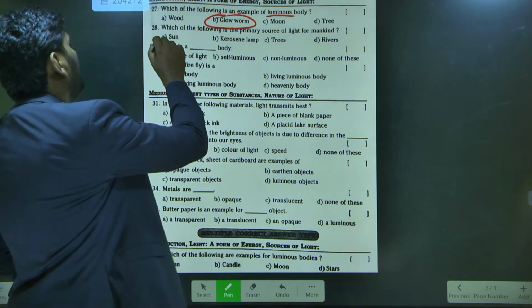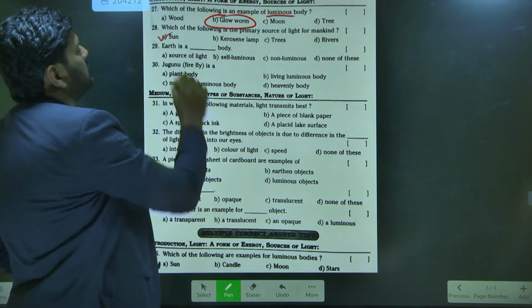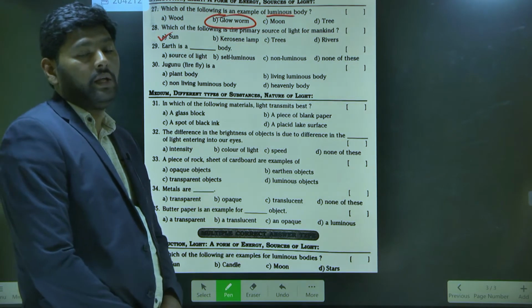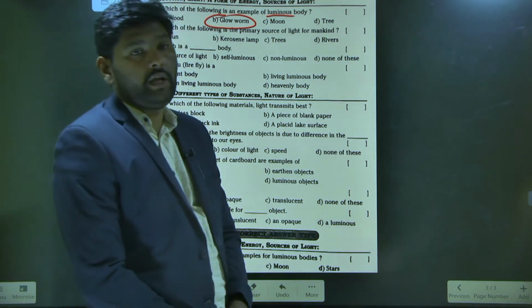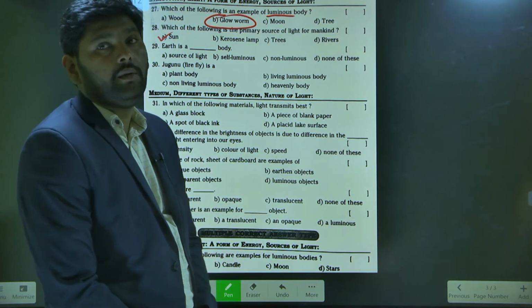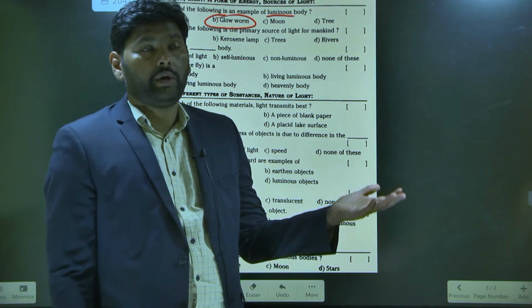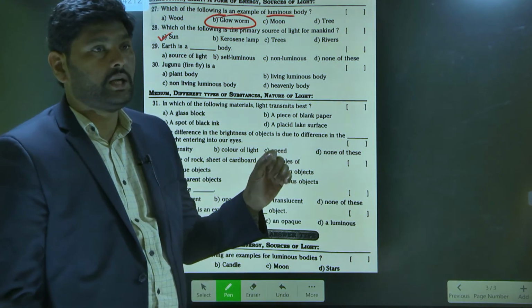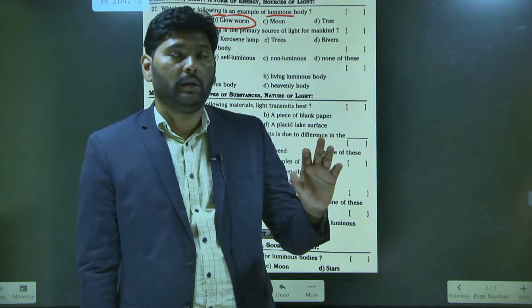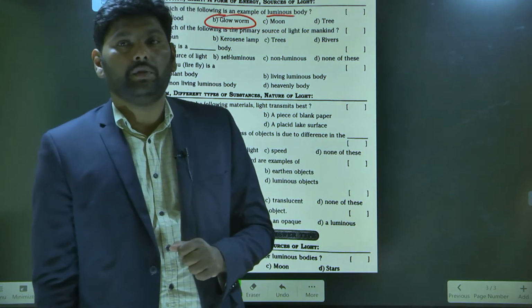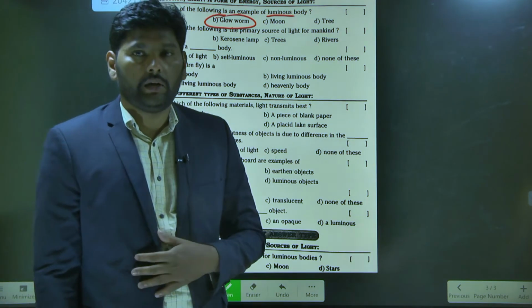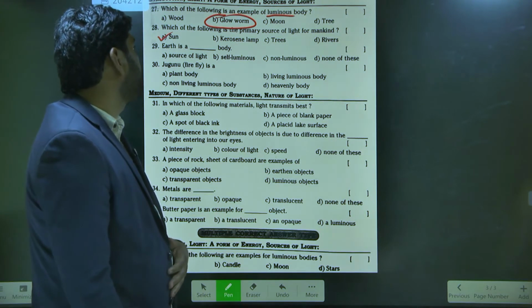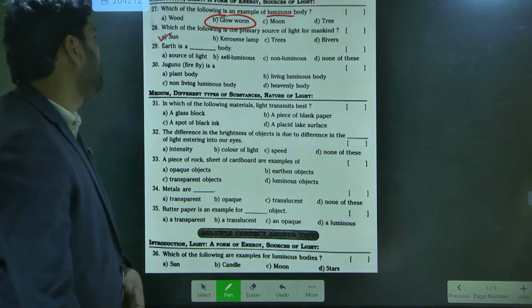It's a general knowledge question. Surely it is the sun. The sun is the primary source for mankind. Everything happens through it. We have food because of the sun: the light rays from the sun are received by the plants, which form the food, so that we survive on the earth's surface. Because of the sun everything happens, so it is the primary source for mankind.